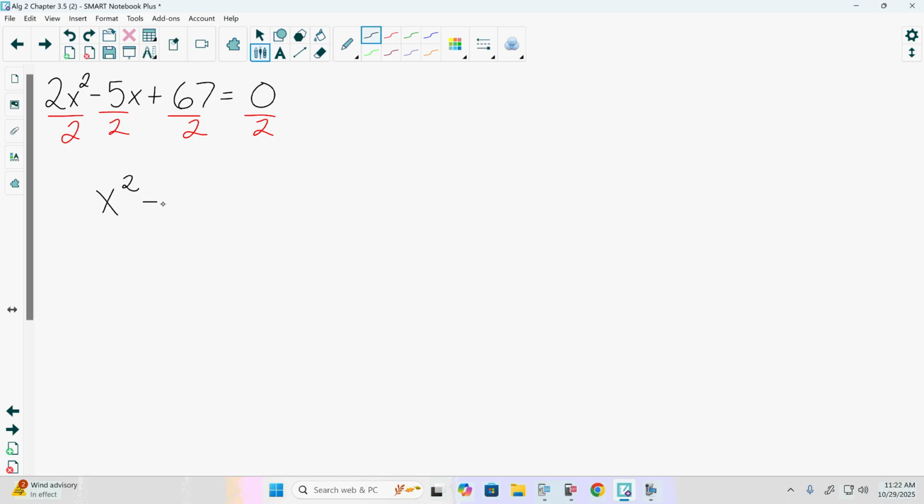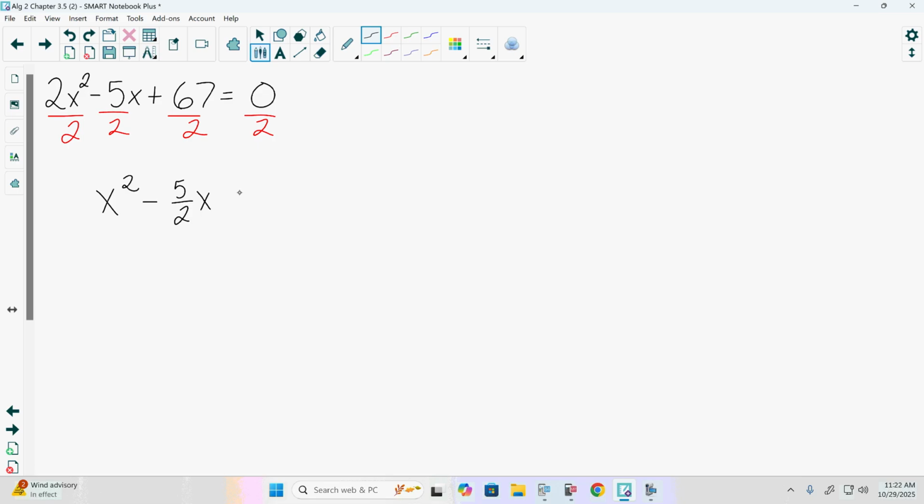5 divided by 2, it doesn't divide evenly, does it? So we'll simplify it as far as we can, and that's just going to be 5/2, which is fine. 67 divided by 2, does that divide nicely?